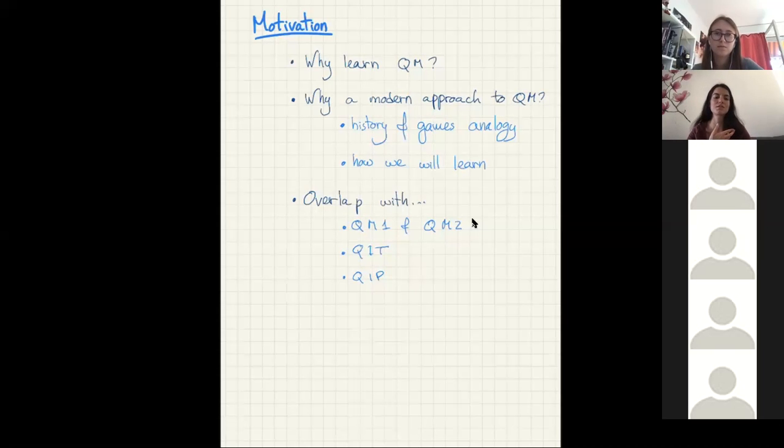So if you took, for example, a short course on quantum computing, you have some idea about the information processing and what you can do with this kind of physics in terms of cryptography or programming, but you don't have a good grasp on what effect does this have in the world in general. So that's what we'll be doing here.